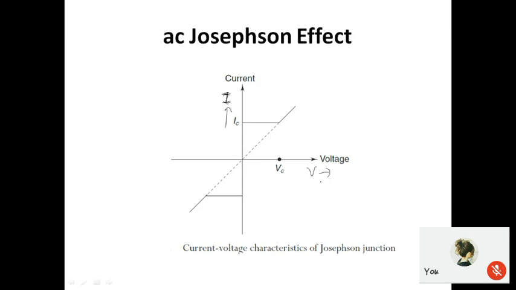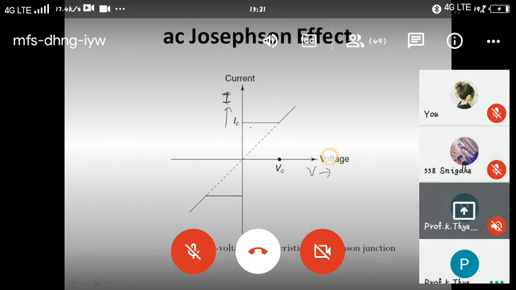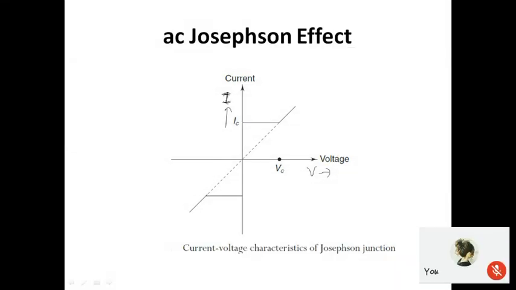From the observation of the volt-ampere characteristics, the current starts at a value of IC and remains constant for voltages between 0 and VC. Along the positive x-axis, up to VC, we observe that a constant current flows through the junction, that is nothing but IC.